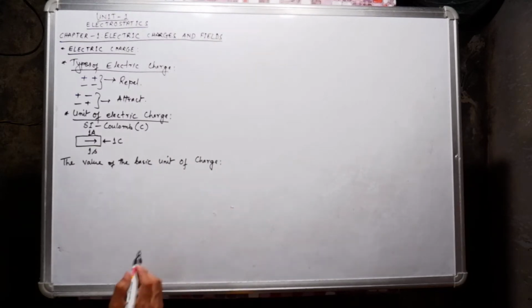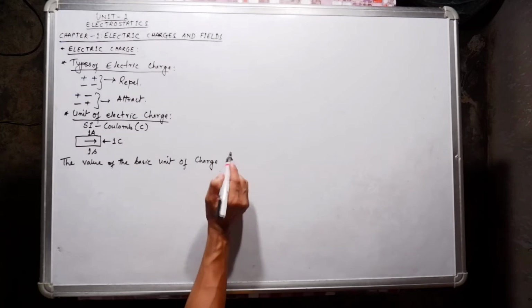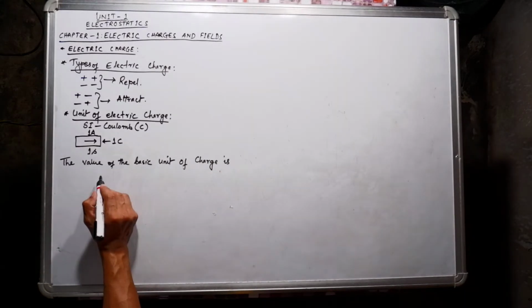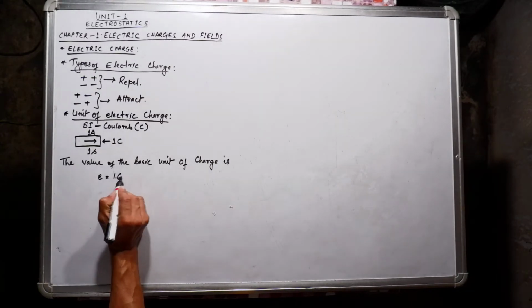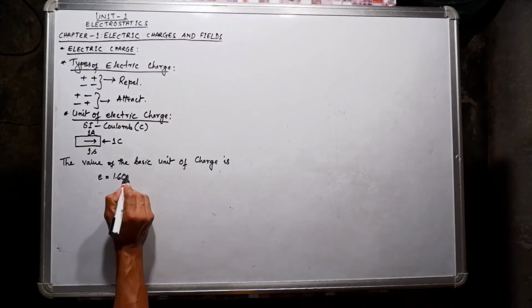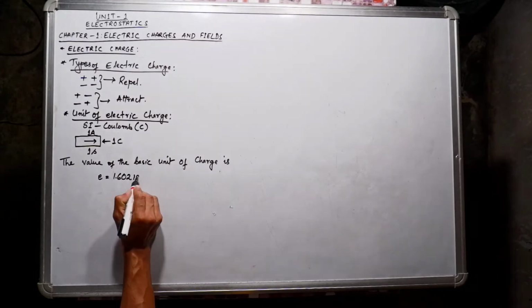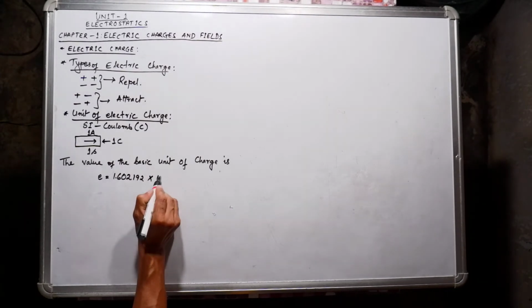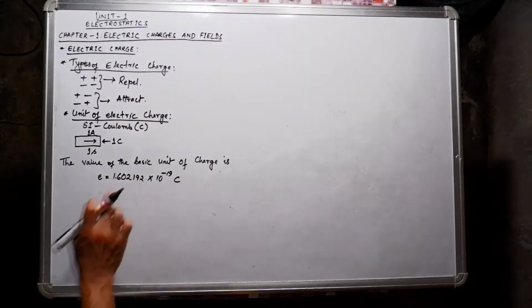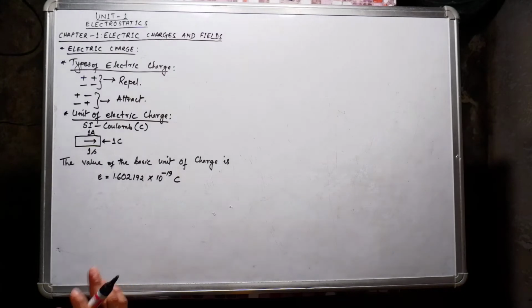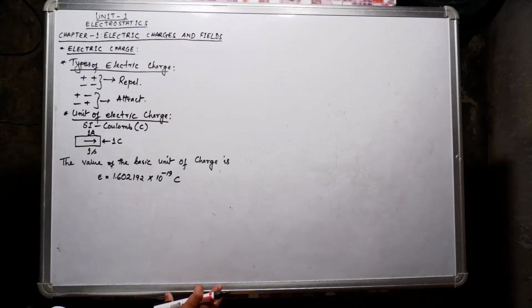The value of the basic unit of charge is given by e, which is equal to 1.602192 into 10 to the power minus 19 coulomb. This value e, 1.602192 into 10 to the power minus 19, is said to be the basic unit of electric charge.